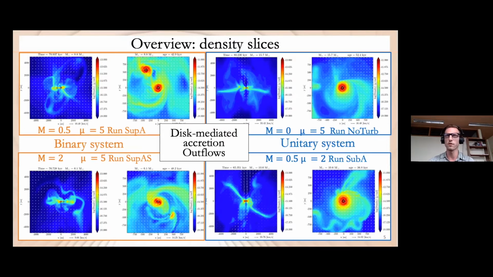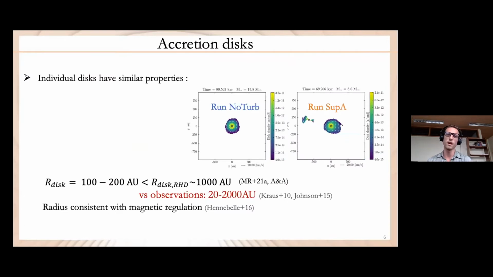So let's first focus on the accretion disks. We find that they have quite similar properties, especially in disk size, regardless of the turbulence or the magnetic field strength. And they have also similar properties from one stellar component to another in multiple stellar systems.